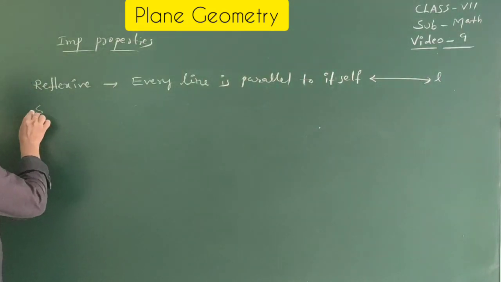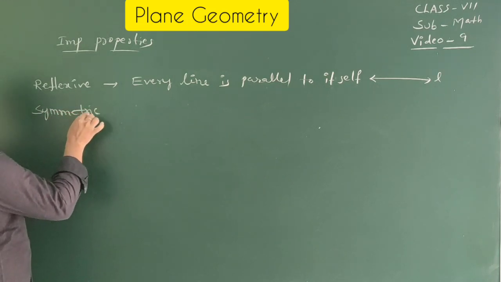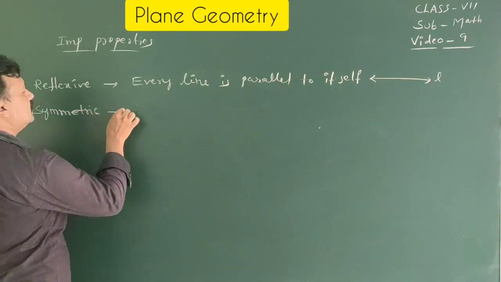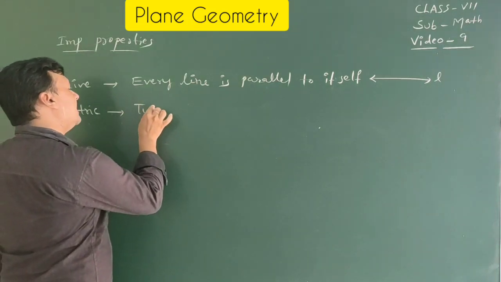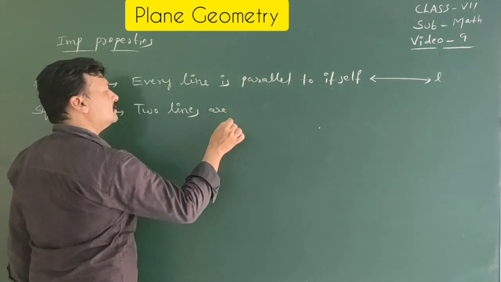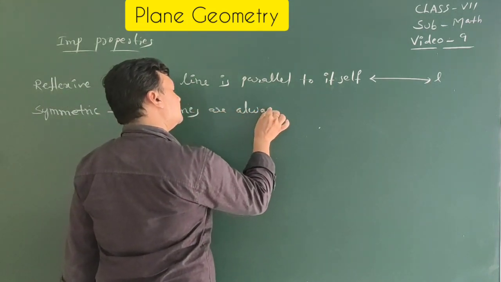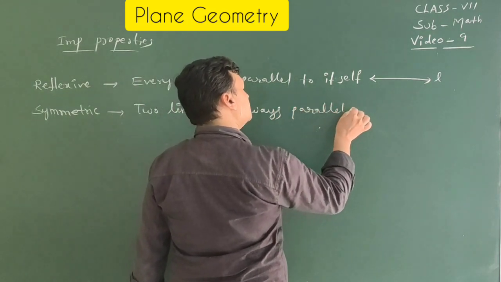Next, the symmetric property. Two lines are always parallel to each other.